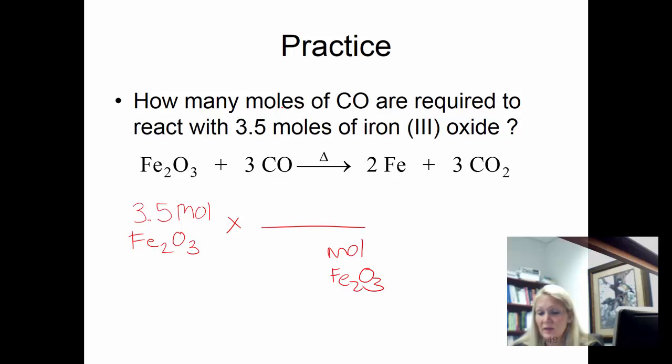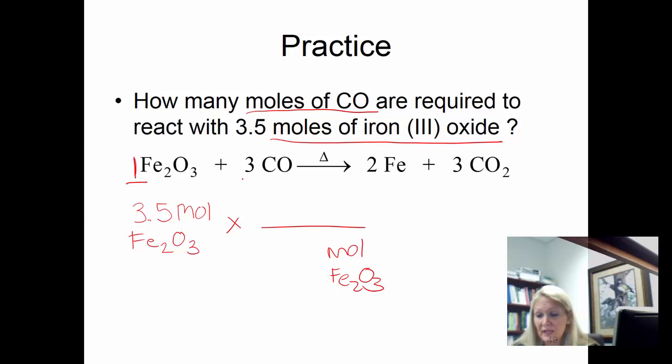Now I look at what I'm comparing to. What am I looking for? I'm looking for moles of CO, and I'm starting with moles of iron(III) oxide.